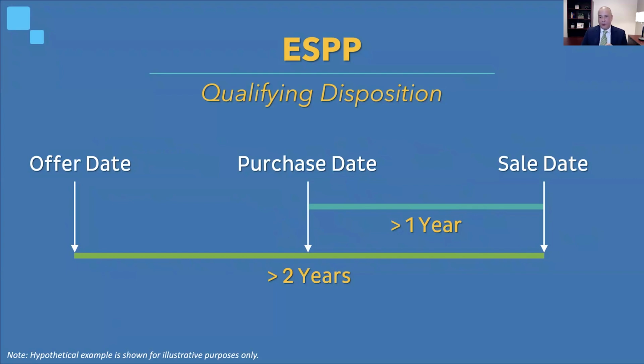The reason it gets a little complex is that at the sale, you're going to pay some component of ordinary income and some component of capital gain. The difference between those two is based on whether or not you have a qualifying disposition. If it's not a qualifying disposition, you're going to pay more in ordinary income tax for that sale relative to the capital gains tax.